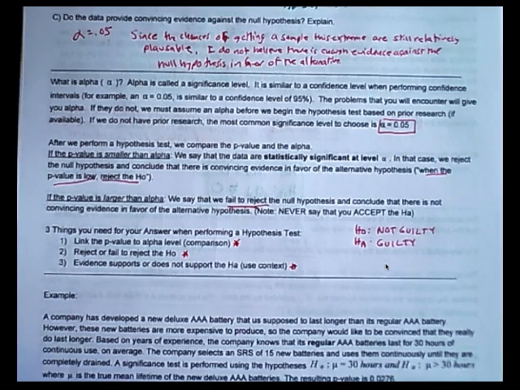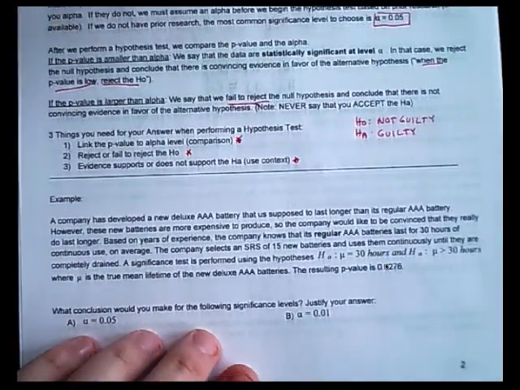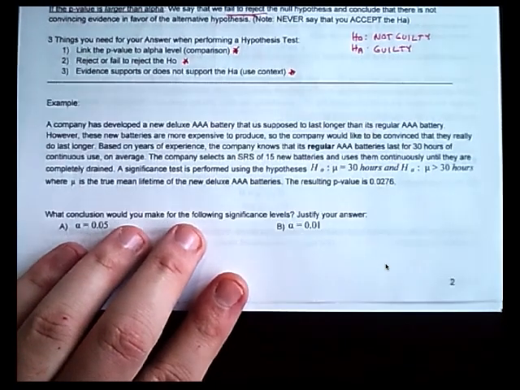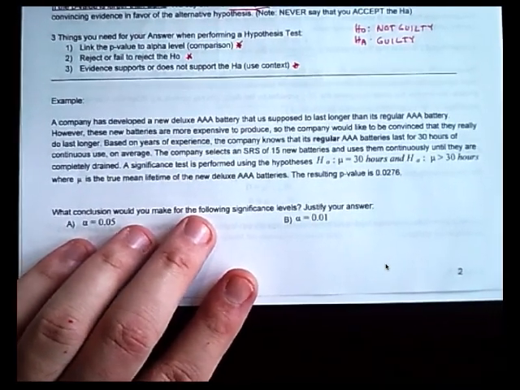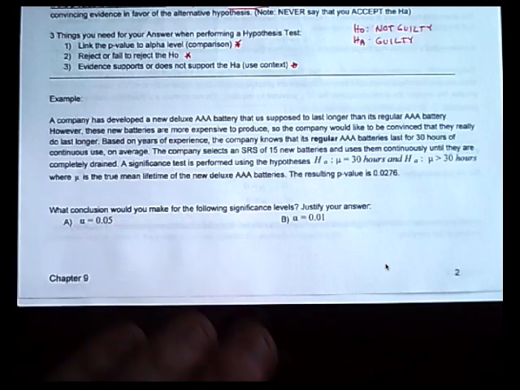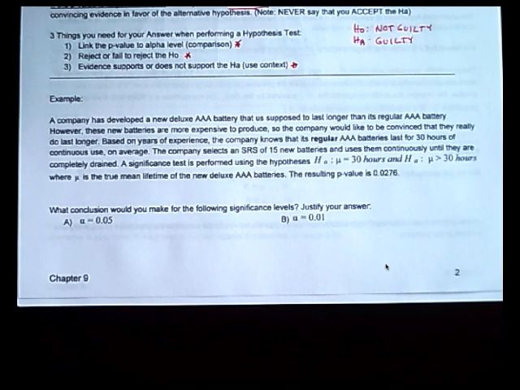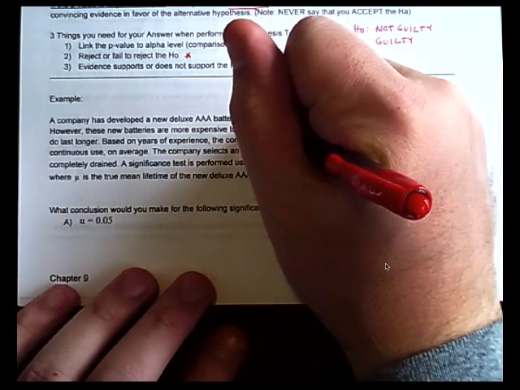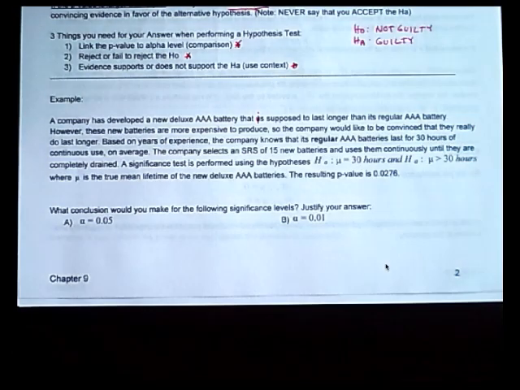All right, so let's read another example here and see if we can understand these alphas and p-values. It says a company has developed a new deluxe AAA battery that is supposed to last longer than its regular AAA battery. However, these new batteries are more expensive to produce, so the company would like to be convinced that they really do last longer.